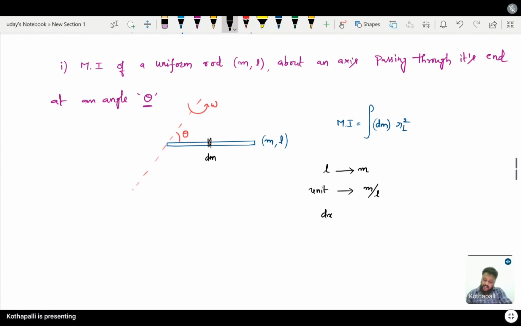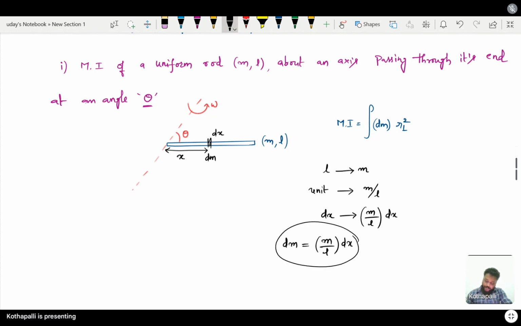And in a dx length, where this small part is at distance x from the axis of rotation, the mass will be m by L into dx. So dm, the mass in that small dx length, is m by L into dx.